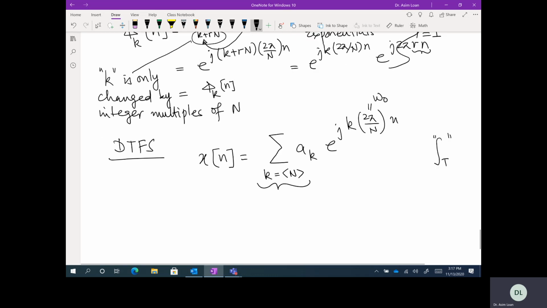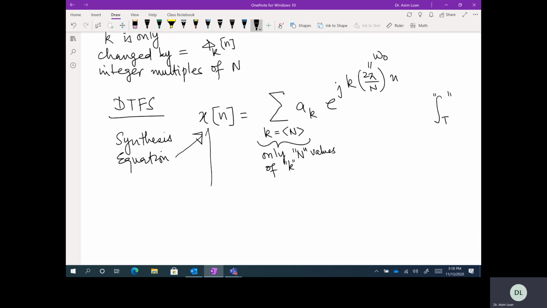So this simply means there are only N values of k, because this is periodic. Okay, so this is a k. This is the synthesis equation, and we note this x of n is discrete in n and periodic in n.